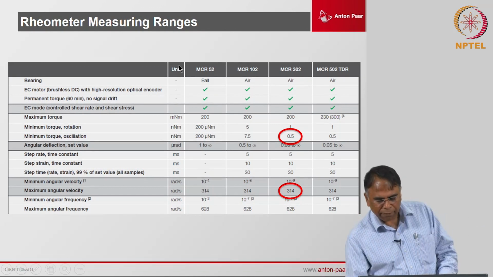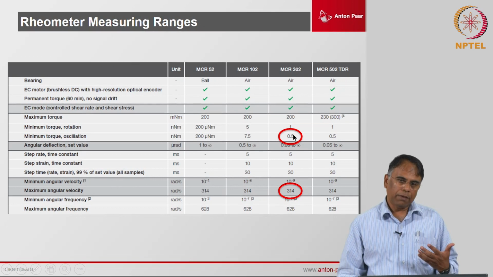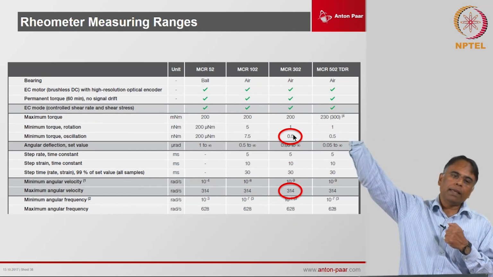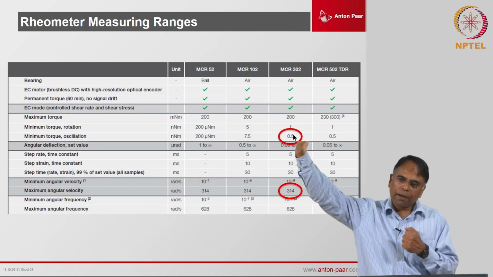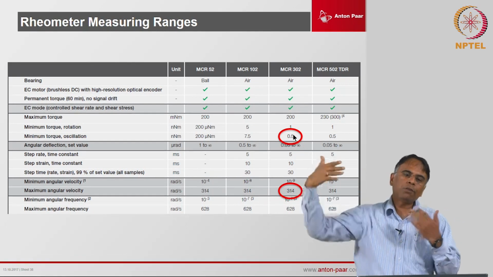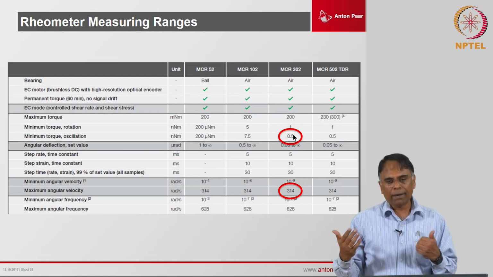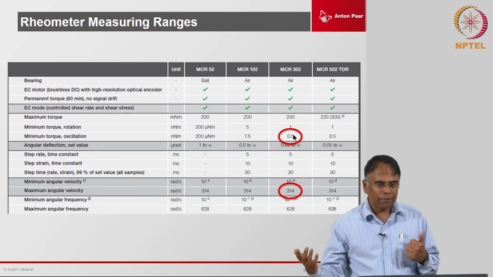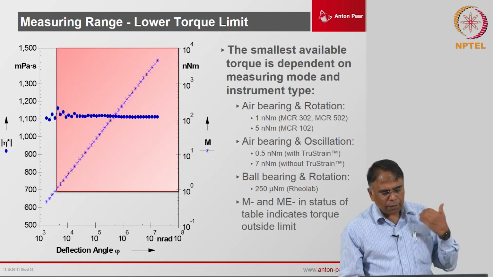If I am measuring at very low torque or at very high torque, or at very high strains, taking the instrument to its maximum capability, then of course the data will not be good; it will max out, it will saturate. So, this is the first thing that you should always observe.